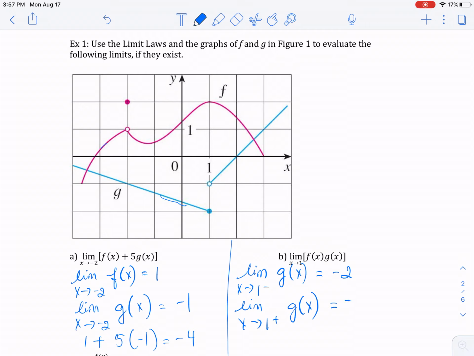So now we have a problem. They're not the same. Therefore, we do not have the limit as x approaches 1 for the function g of x. So you can't really apply the limit law. However, you can definitely use the limit law for one-sided limits, but you cannot do it for both.